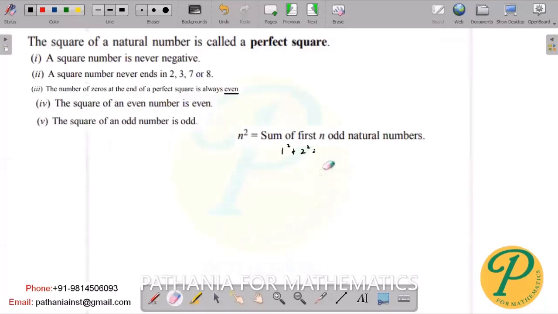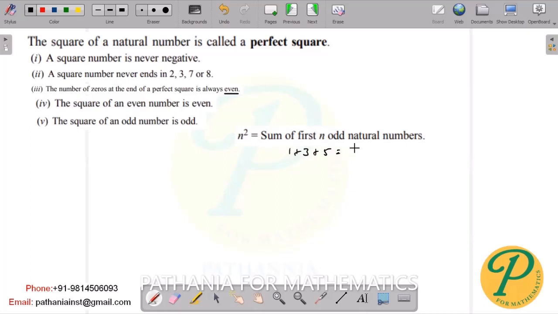The sum of the first n odd natural numbers: first is 1, then the next odd numbers are 3 and 5. Their sum is the number square.